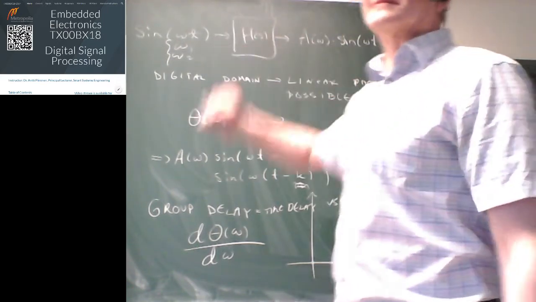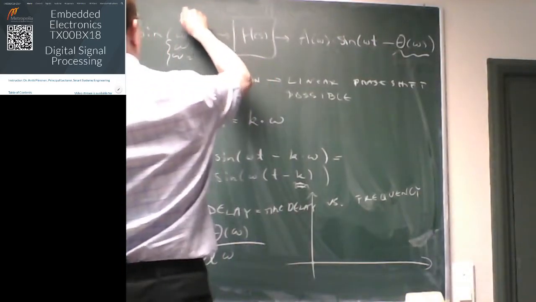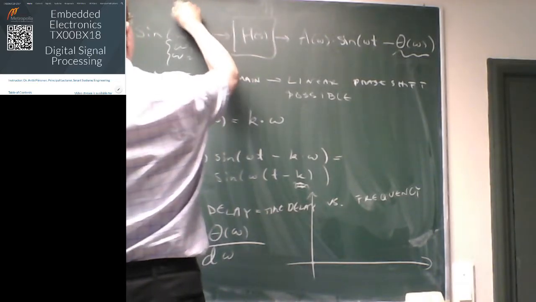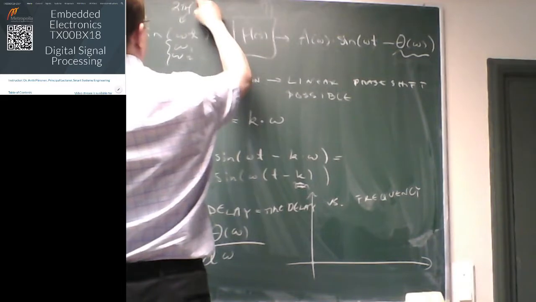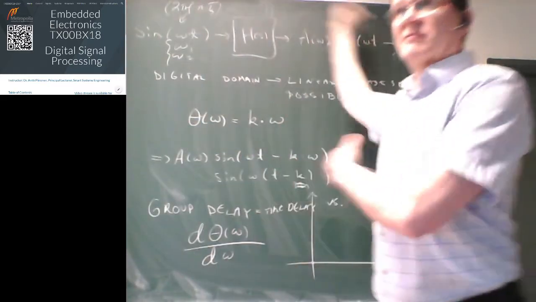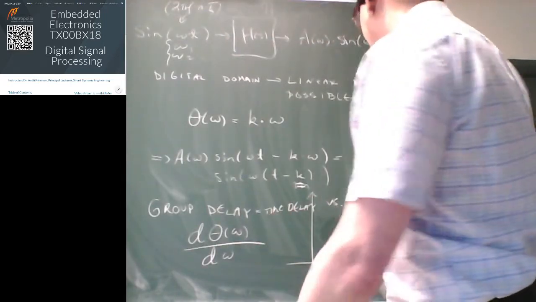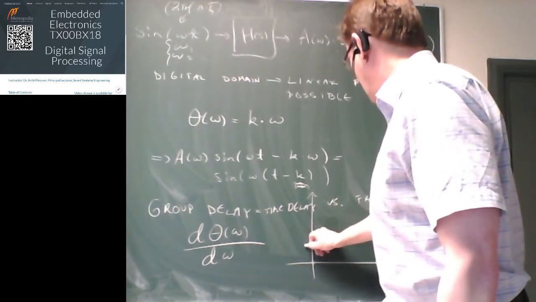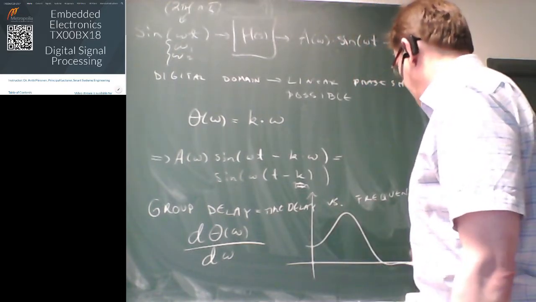And this is exactly the same also for the sampled system. So 2 pi f n times ts would do exactly the same thing. It's just marked for the analog system. But anyways, typically the group delay for a low pass filter would look something like this.